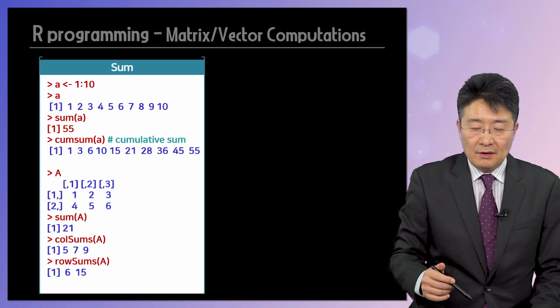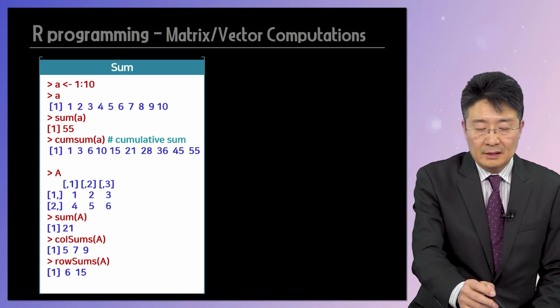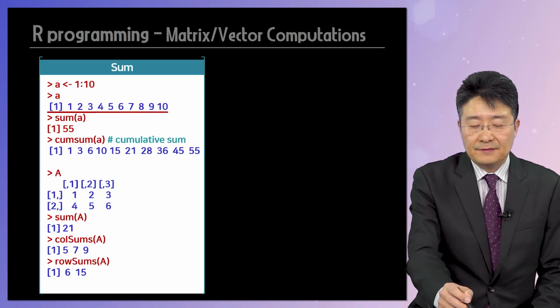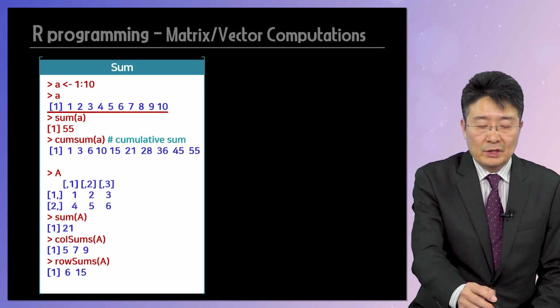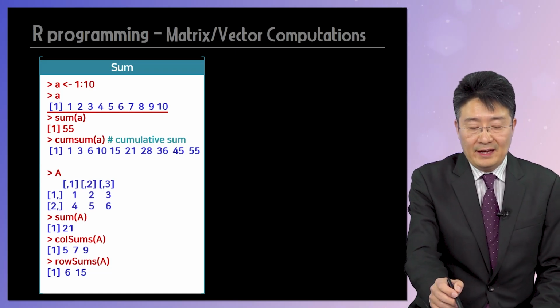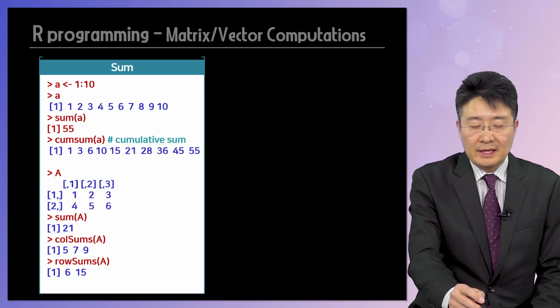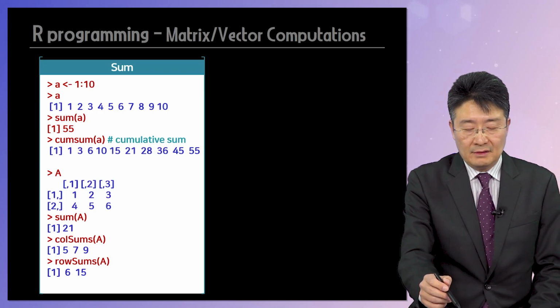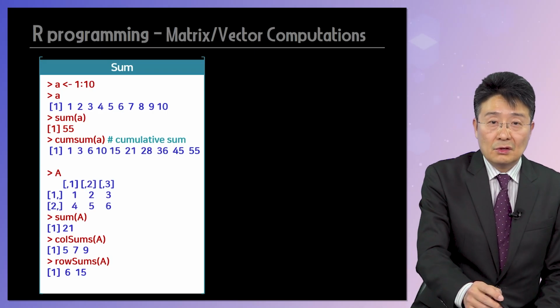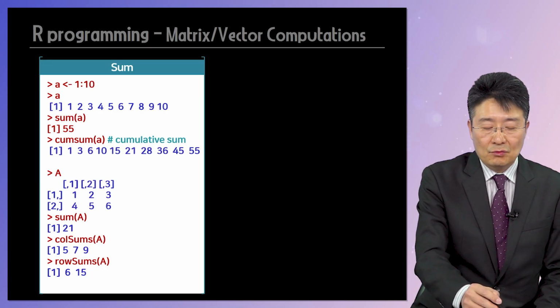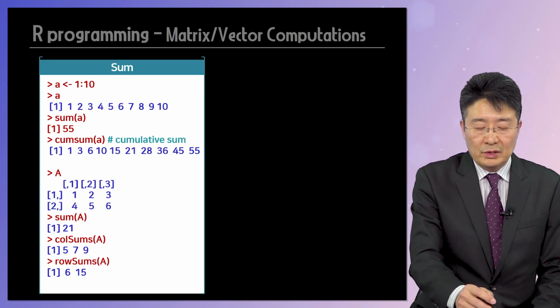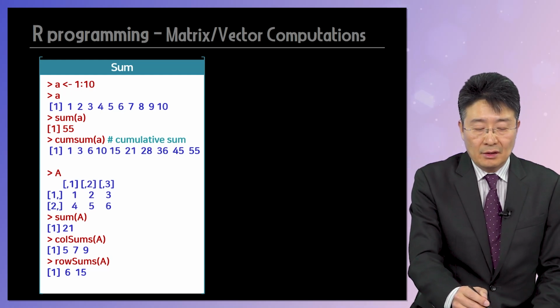Next is sum and mean. We defined this vector, and you calculate the sum of the vector values. Also, you can calculate the cumulative sum. The matrix A was defined, and we can get the total sum of all the elements in here.